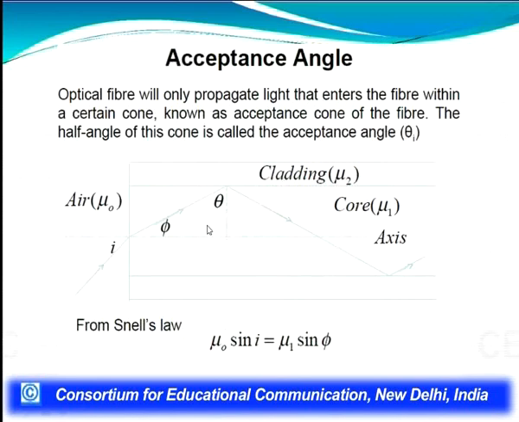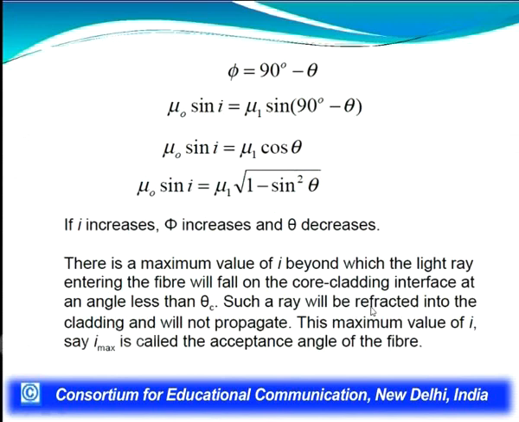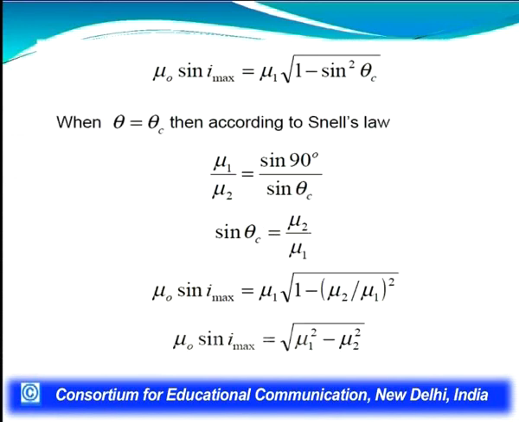Theta c is the critical angle. Such a ray will be refracted into the cladding and will not propagate. This maximum value of I, I maximum, is called the acceptance angle of the fiber, and it follows the total internal reflection and the light will pass through the optical fiber.